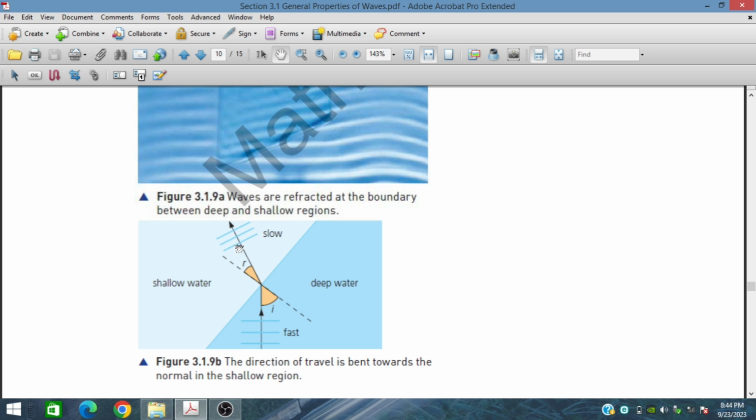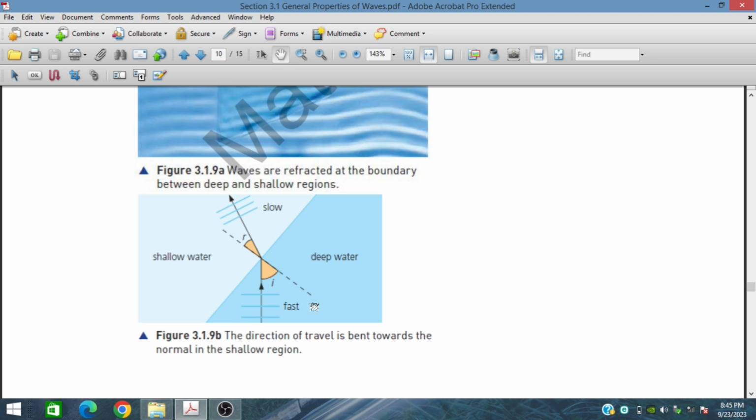In this region the gap between wavefronts is larger, and here the gap is smaller. This is because of the refraction of waves in shallow water. In the shallow region the wavelength and speed decrease, while in the deep region the speed is faster and the wavelength is larger.